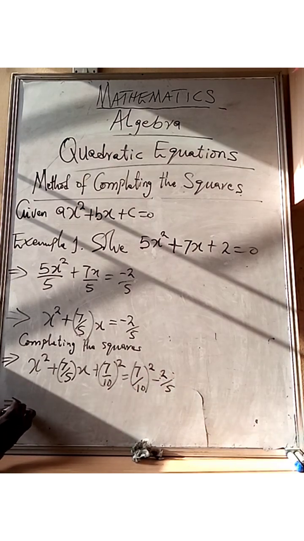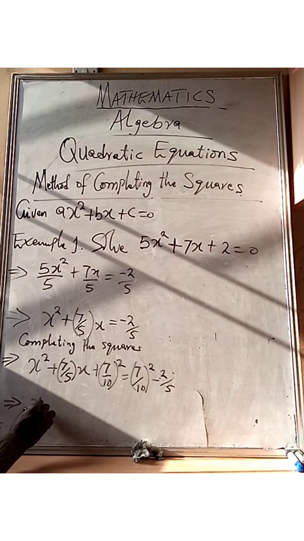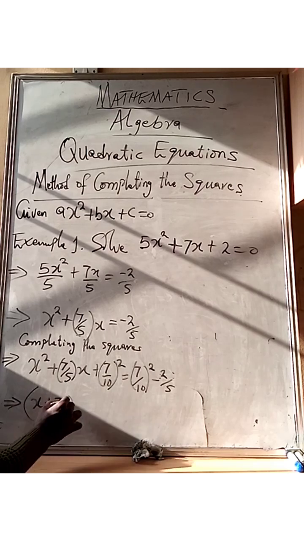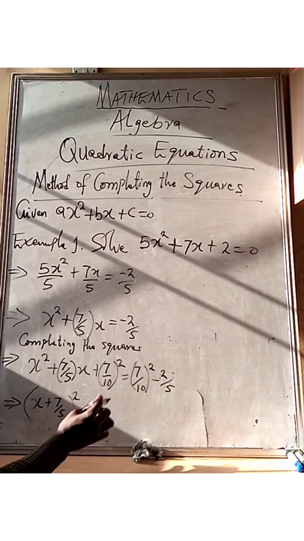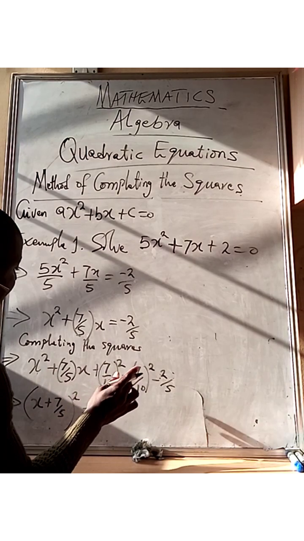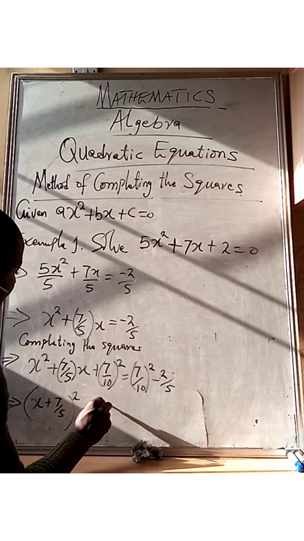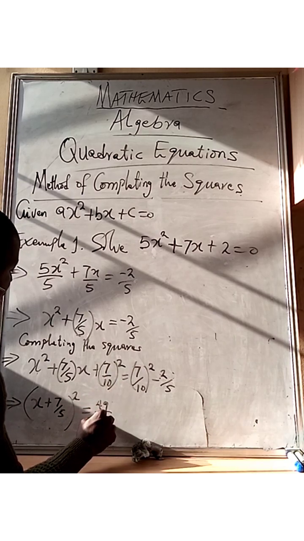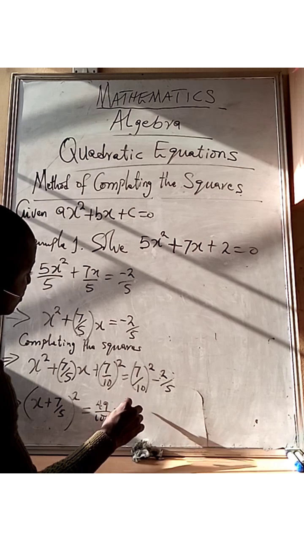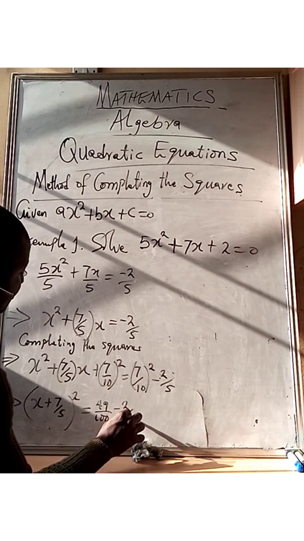So we'll now factorize the left hand side. That is going to give us x plus 7 over 5. We put both in the bracket and square, being equal to, we simplify the right hand side. 7 squared is 49 over 100 minus 2 over 5.